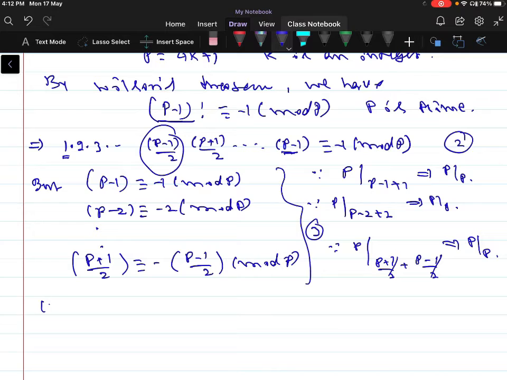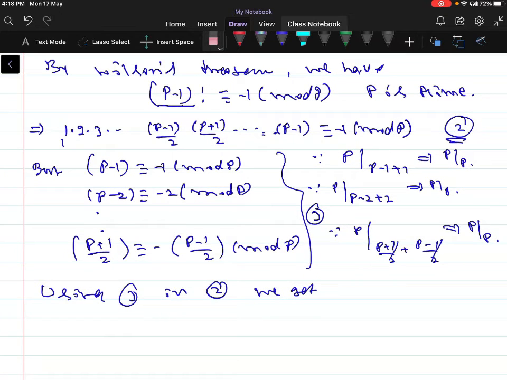Now using 3 in equation 2, we get, so now equation 2 can be written by using the congruences 3.